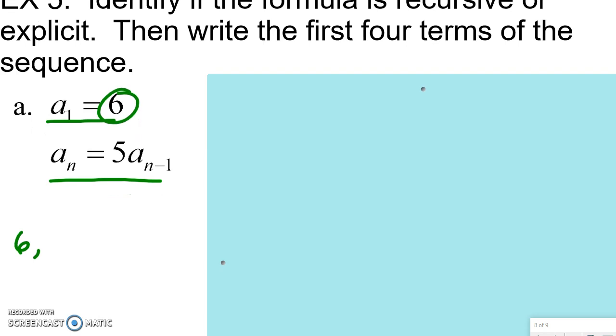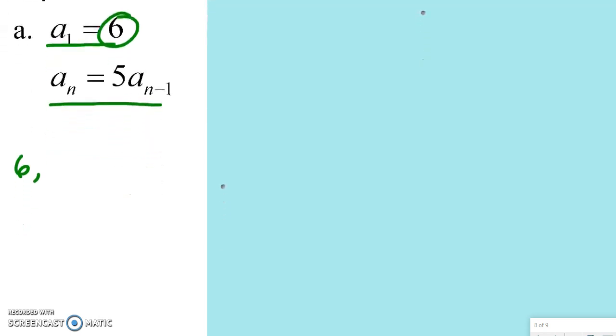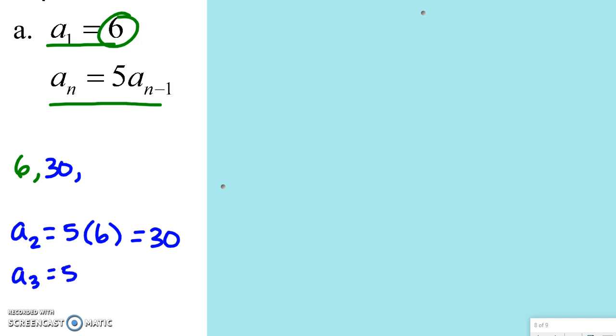So if I want to find the second term, a sub 2, I do 5 times the previous term, which would be 6. And that would be 30. Okay? And then I'm going to do 5 times 30. The previous term for a sub 3 would be the second term.